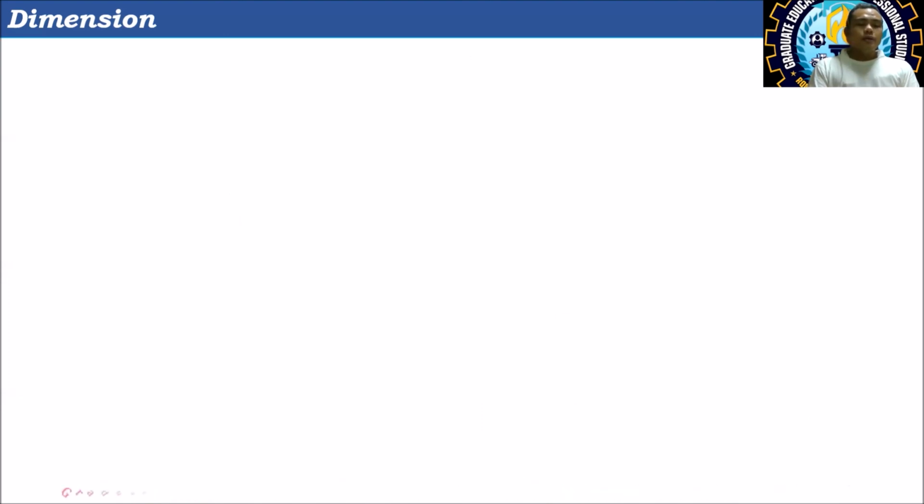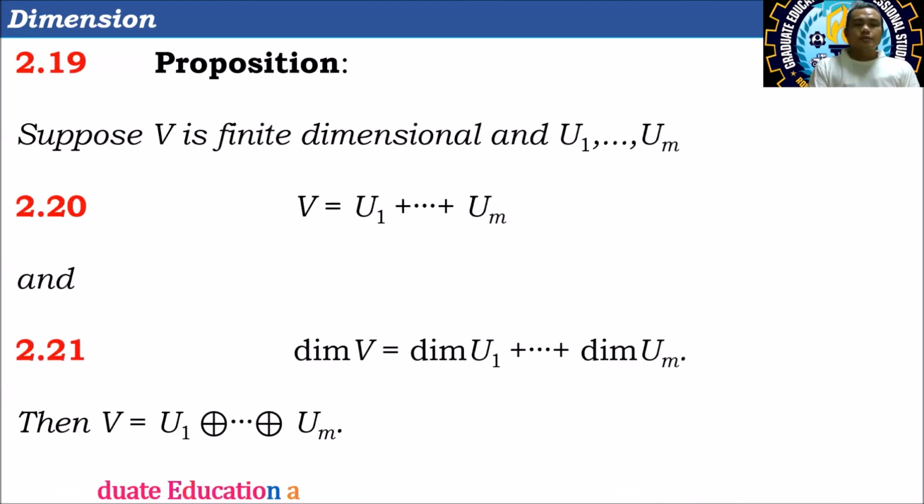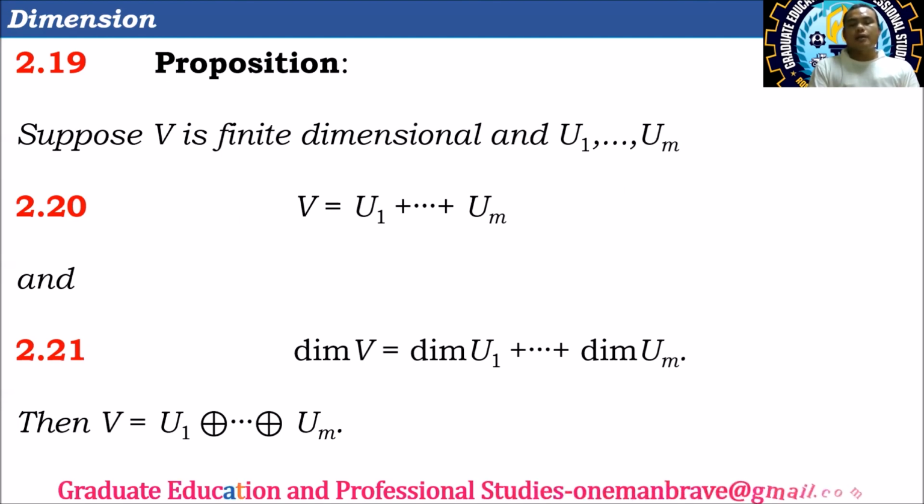Above all, we have here: suppose V is finite dimensional and U1 through Um are subspaces of V such that V is equal to the sum of the U's, and the dimension of V is equal to the sum of the dimensions of the U's. Then V is equal to the direct sum of the U's.